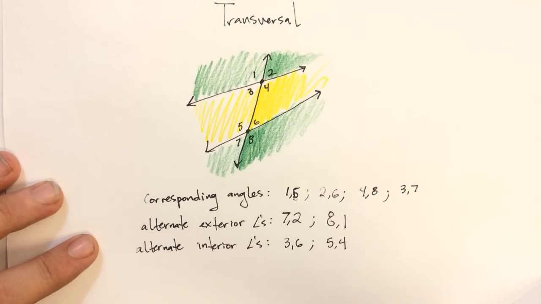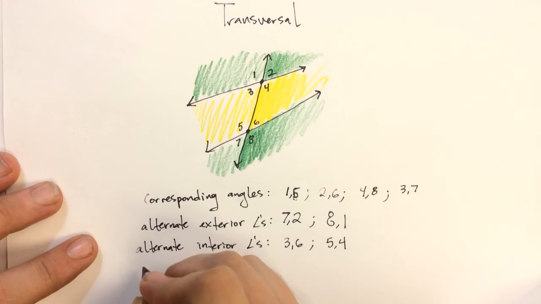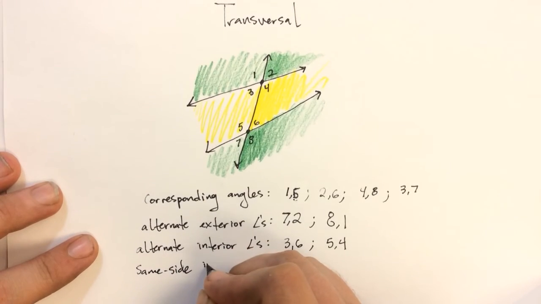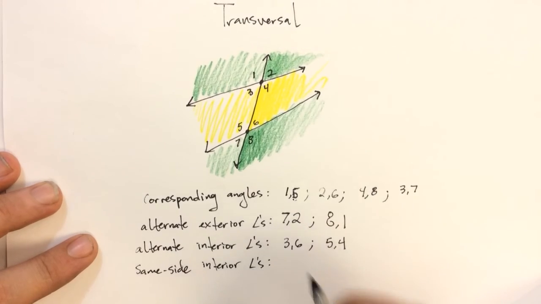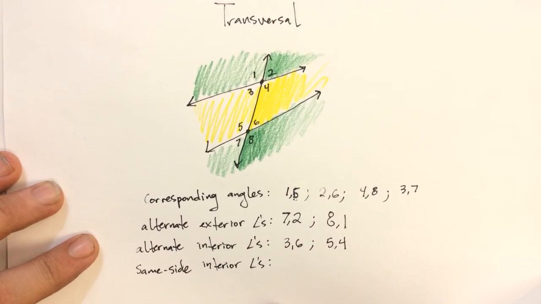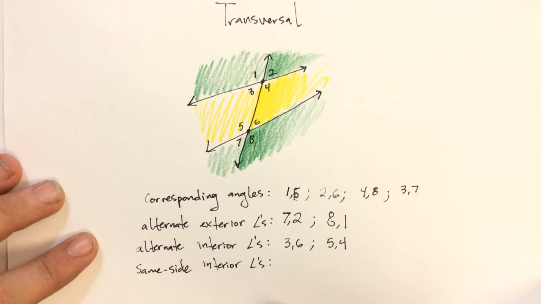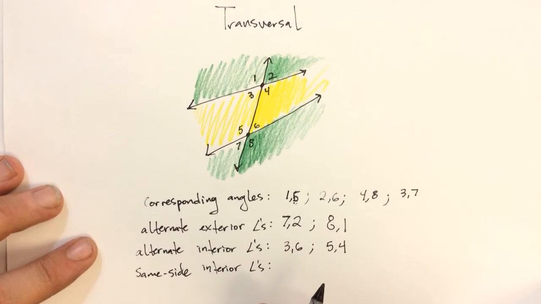And then lastly, we have same side interior. Same side interior are also sometimes called consecutive interior. Your textbook refers to them by both names.